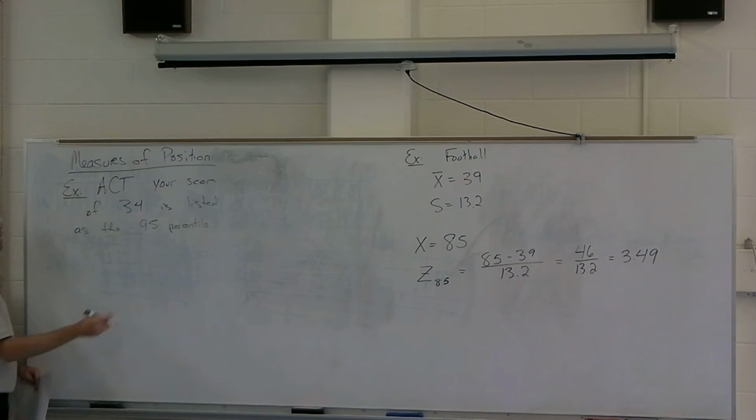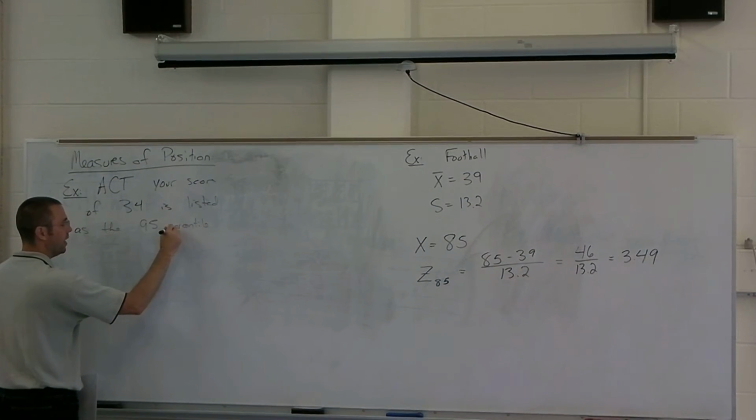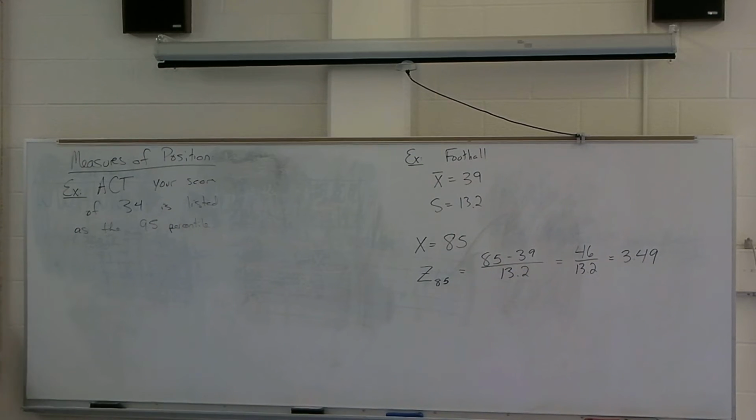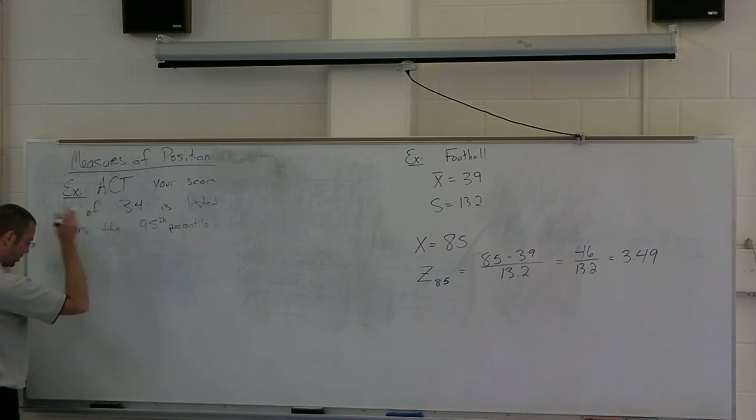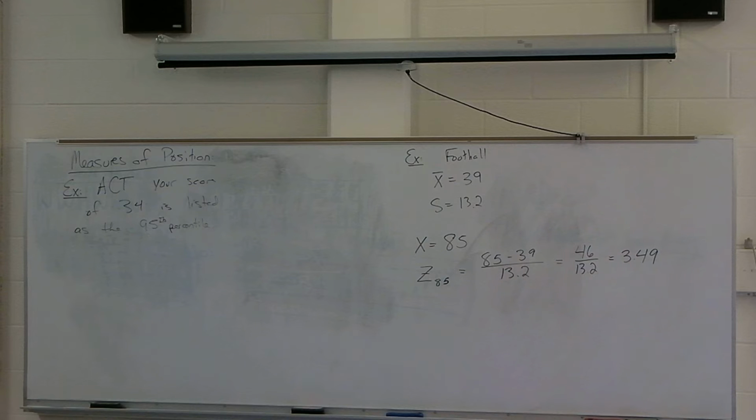All right, what does that mean? What does it mean to say that the score of 95 puts you in the 95th percentile? Well, if you think about the overall aspect of the ACT, it is a score out of 36 points. You've got 34, 95th percentile. In some ways, you should be thinking that this percentile should put you near the end of the distribution of scores.